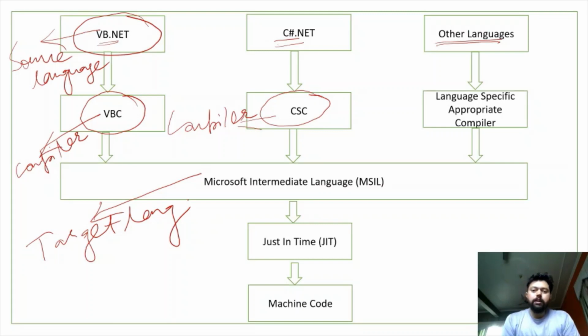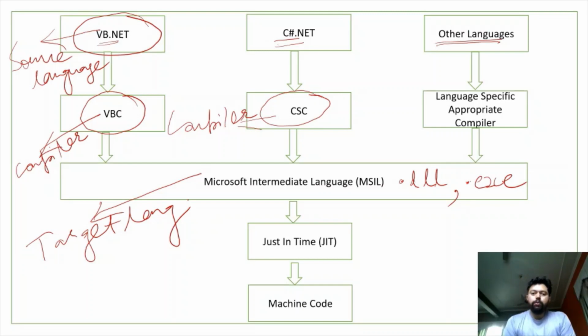So what does the MSIL do? If we compile that particular program, the MSIL contains either a .dll file, the library file, or an .exe file, the executable file. How do we get these two files?